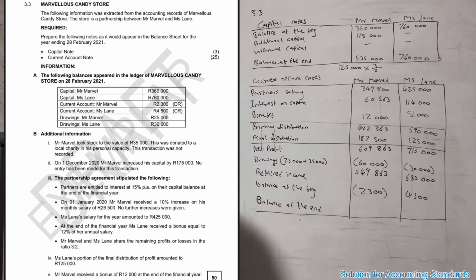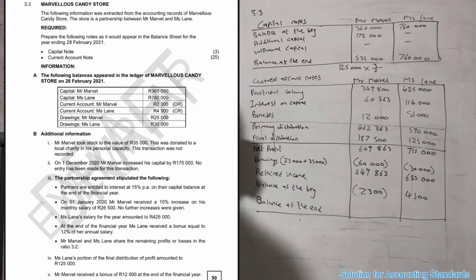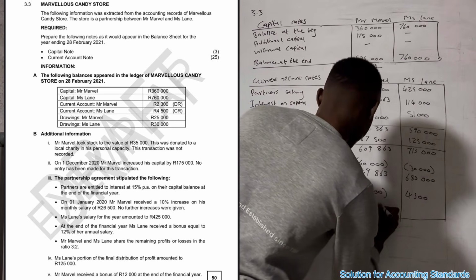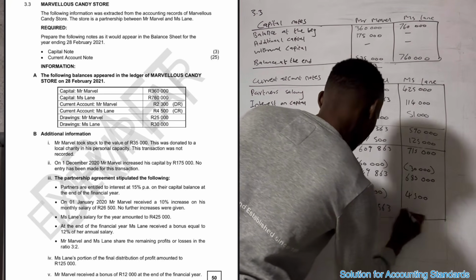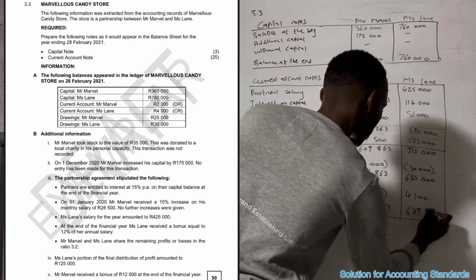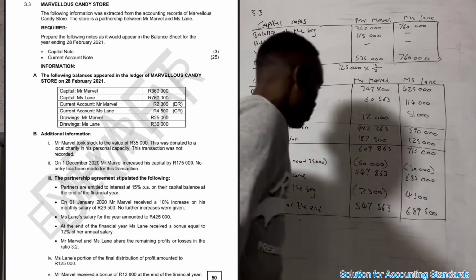Balance at the end, you just take this minus this plus this, then you will get the answers. Okay, it's 547,563, 689,500. All right, that's how you deal with these notes, guys.